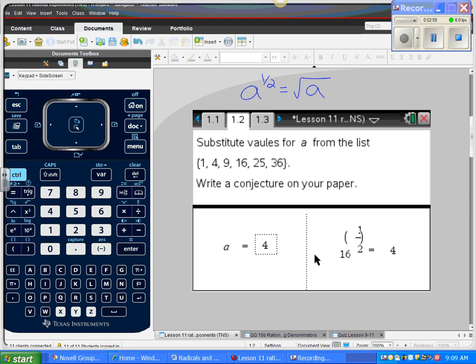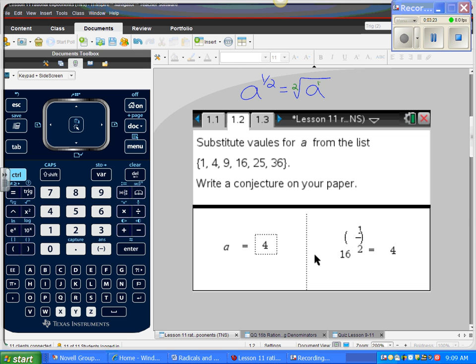Okay, question. What's the index? 2. What's the power? 1. Right? It's a to the first power. Where do you see the 2? And give me a word for bottom. Denominator.